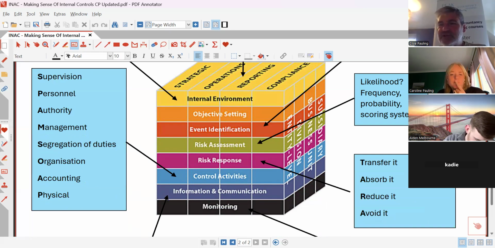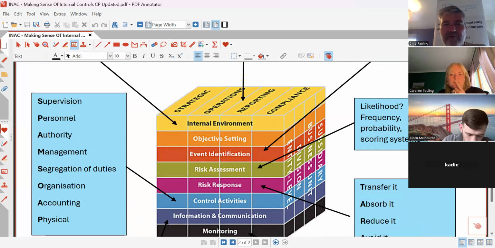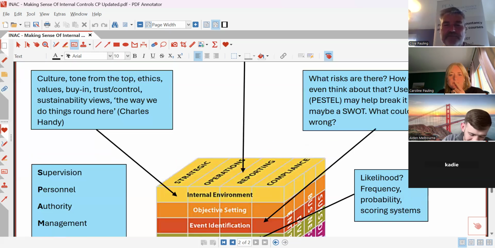Now, what is the internal environment all about? That is going to set the scene for the level and the detail of controls that you are going to need. The internal control environment is all about the culture of the business.